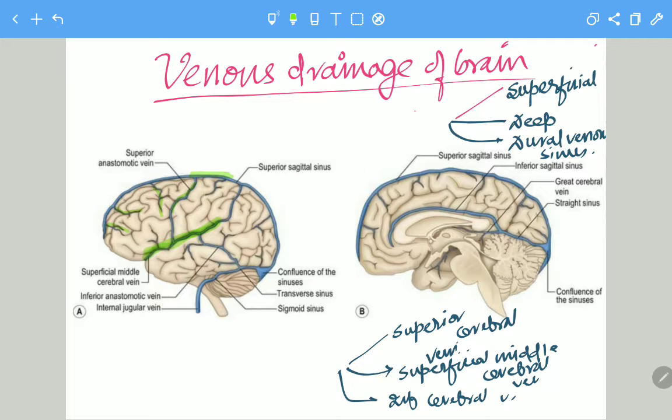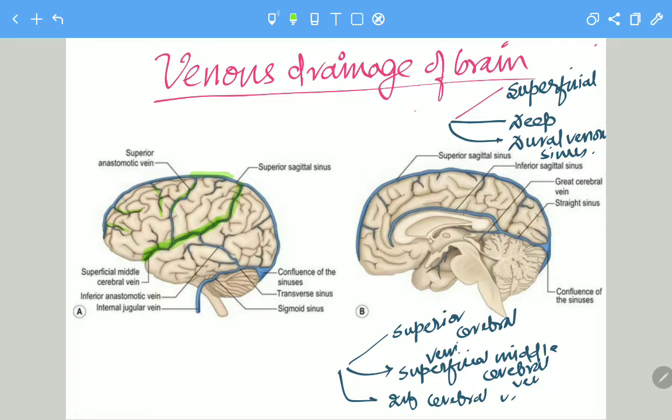In the front they go to the cavernous sinus, and they also have connections with the superior sagittal sinus and also the transverse sinus.